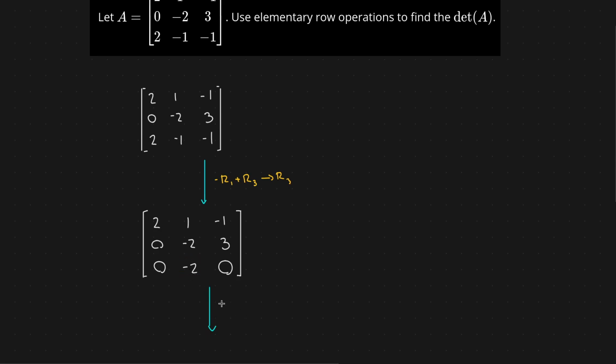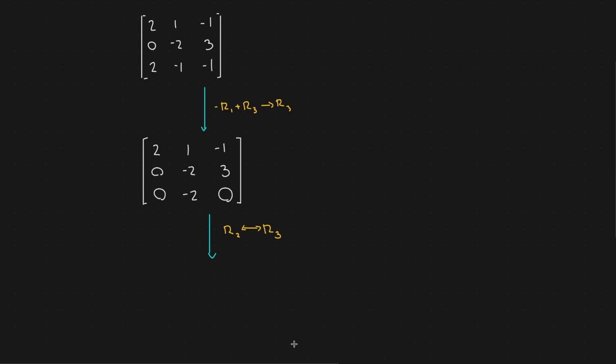I'm going to take negative... Actually, you know what? I really like this 0 right here. And partially just to make this example interesting, let's swap row 2 and row 3. So I'm going to leave row 1 the same.